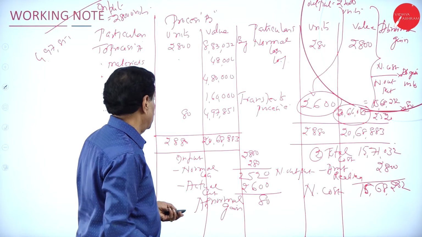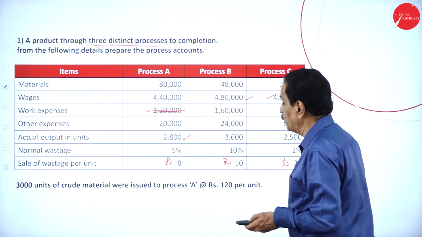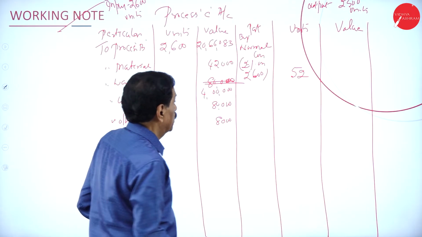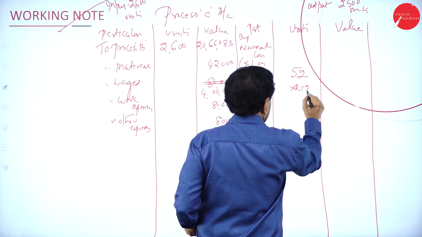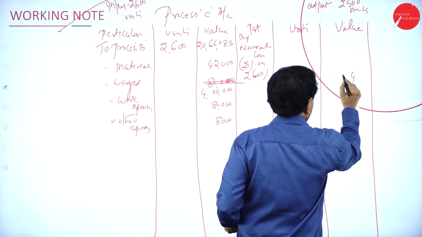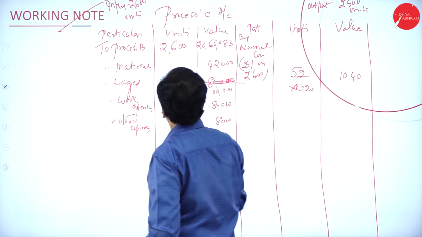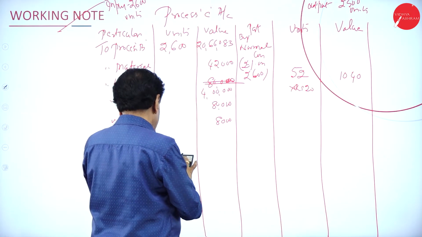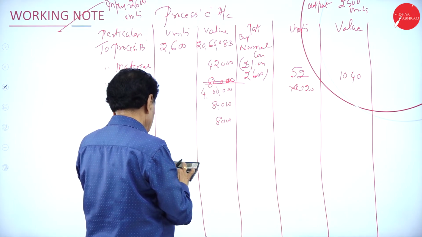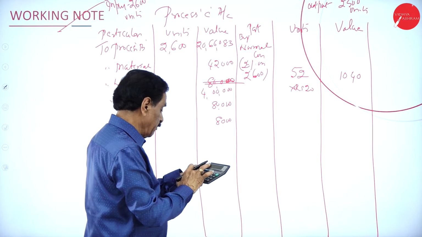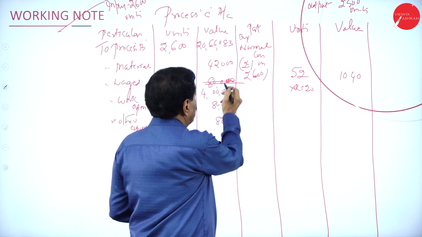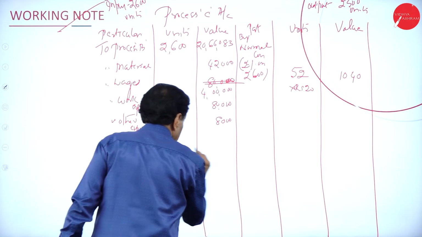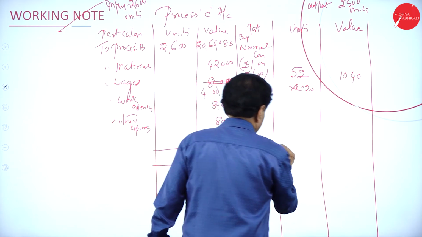See the per unit value at rupees 20. 52 into rupees 20, 1040. Your input is 2600 minus normal loss 52. Your output should be 2548, but it is only 2500. Close this.